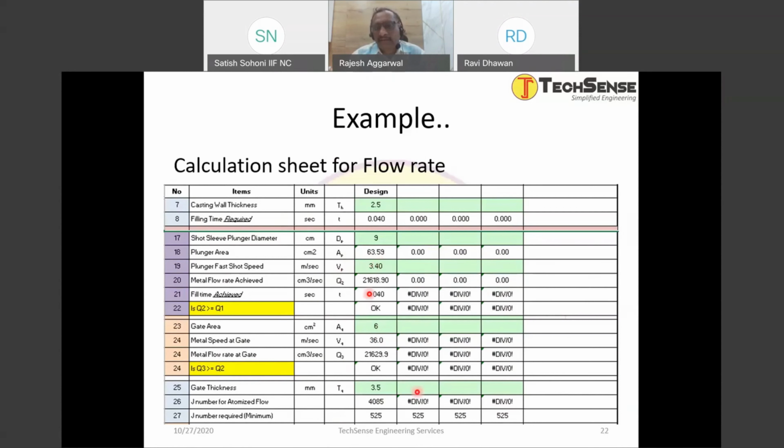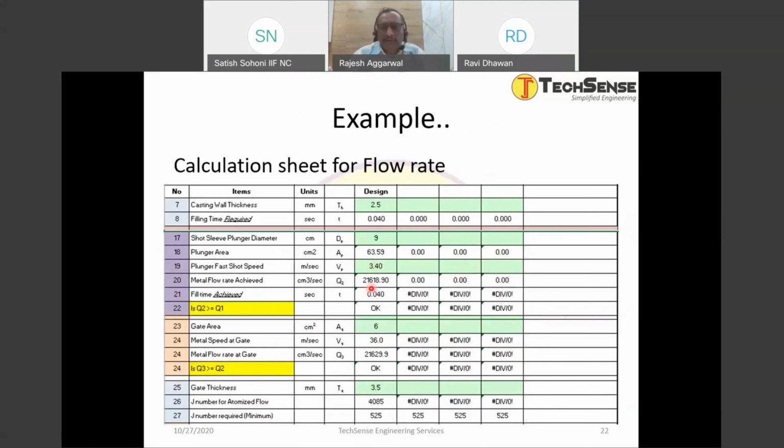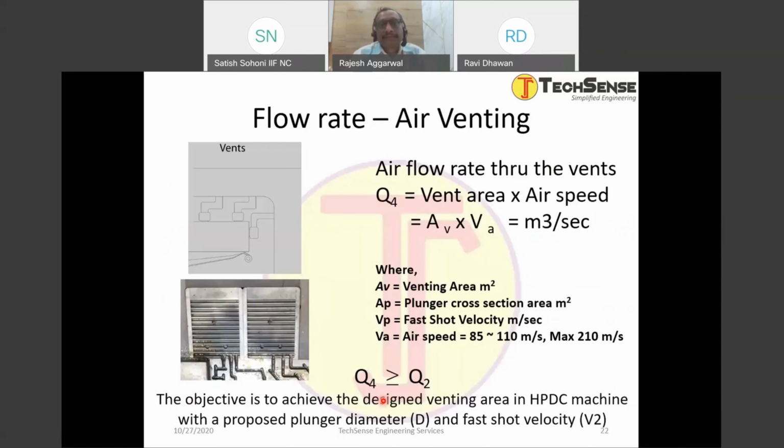You can decide. There is no limitation. But the basic formula remains the same, what we are doing over here. So based on this formula only, we are calculating these values. Now the fourth area is the ventilation.